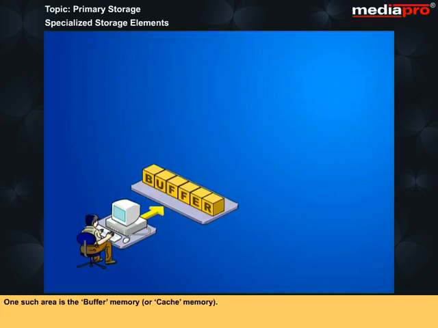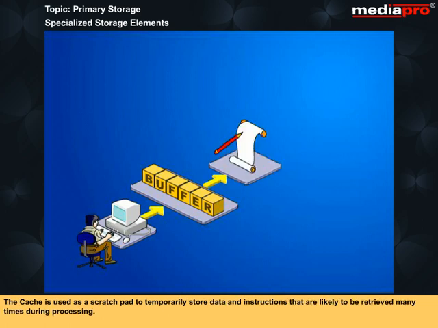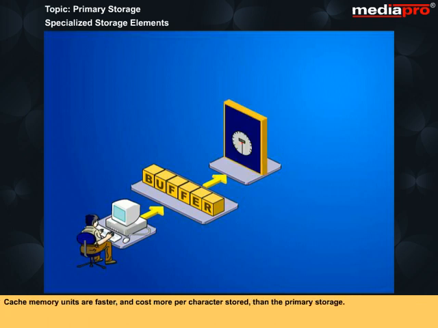One such area is the buffer memory or cache memory. The cache is used as a scratch pad to temporarily store data and instructions that are likely to be retrieved many times during processing. Cache memory units are faster and cost more per character stored than the primary storage.